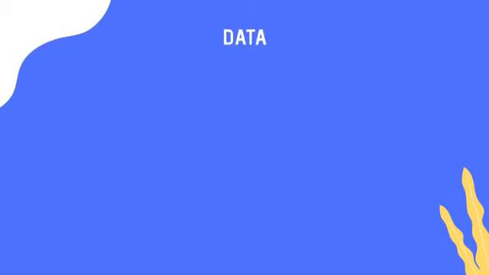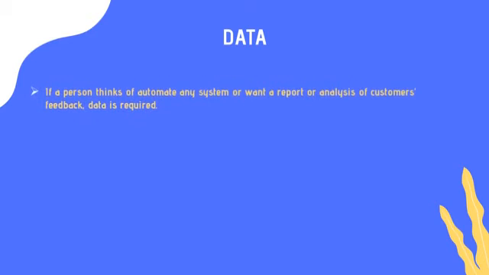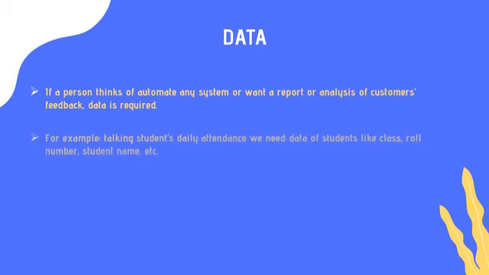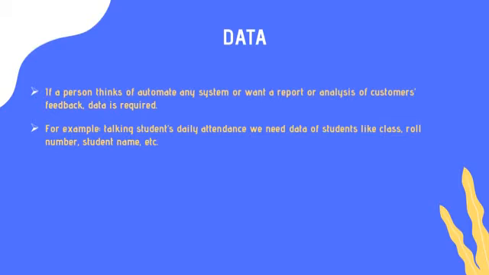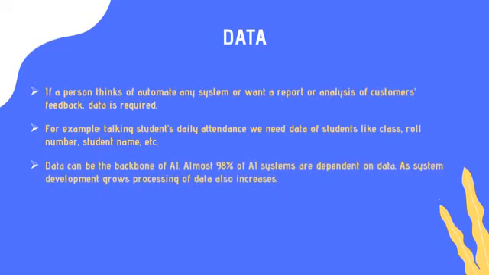Data. If a person thinks of automating any system or wants a report or analysis of customers' feedback, data is required. For example, for taking students' daily attendance, we need data of students like class, roll number, GR number, subject, student name, etc. Data can be the backbone of AI.